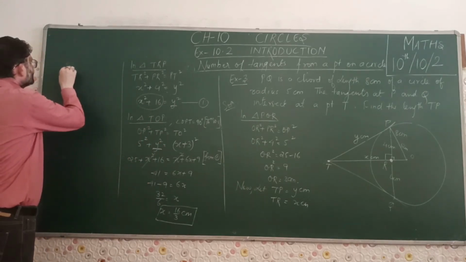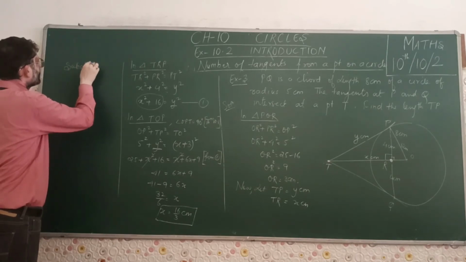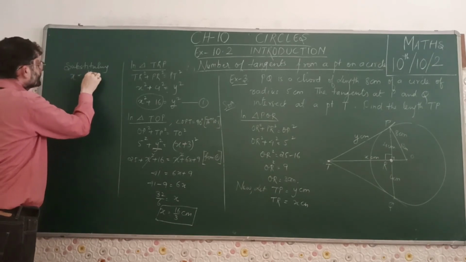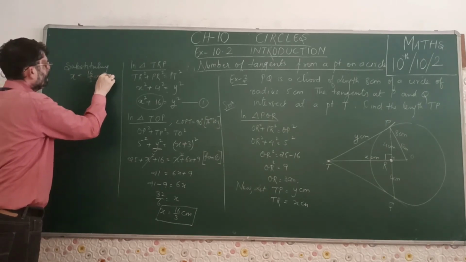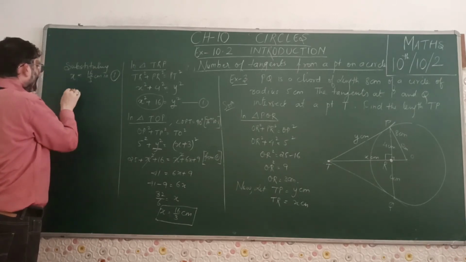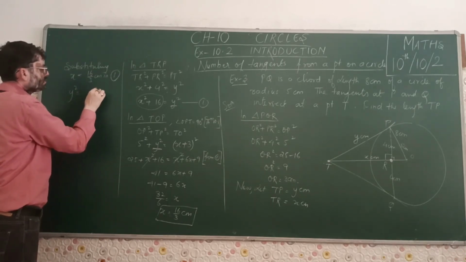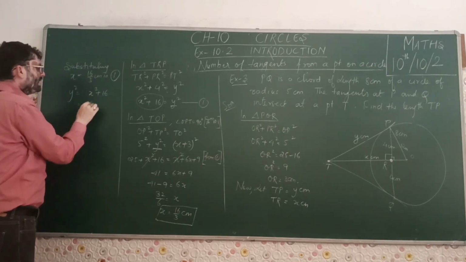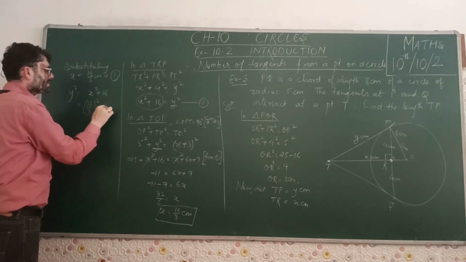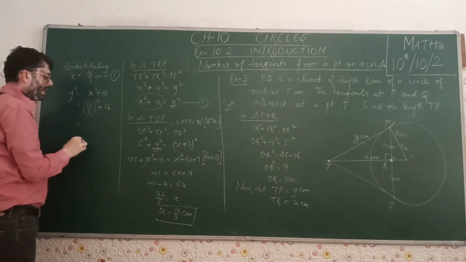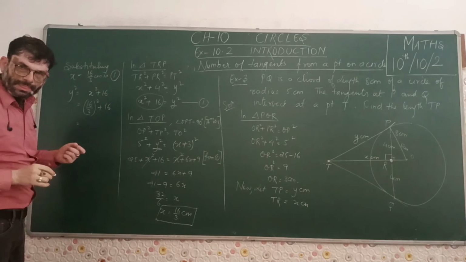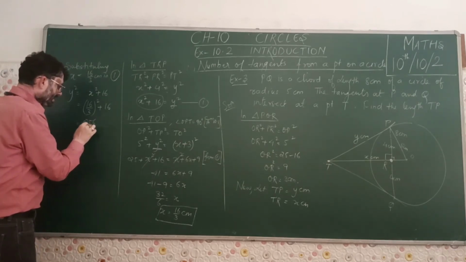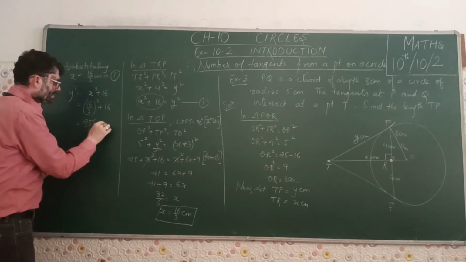So substituting the value x is equal to 16 by 3 centimeters in equation number 1, we have y square is equal to x square plus 16. In place of x, we can put 16 by 3 whole square plus 16. This is 16 square, what is 16 square? 256 divided by 9 plus 16.